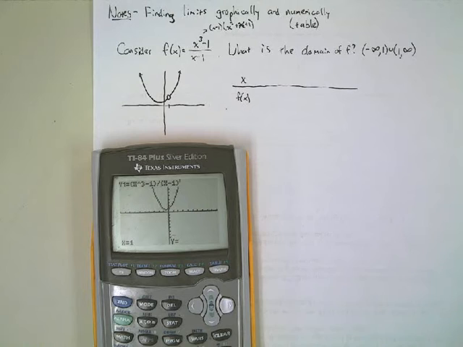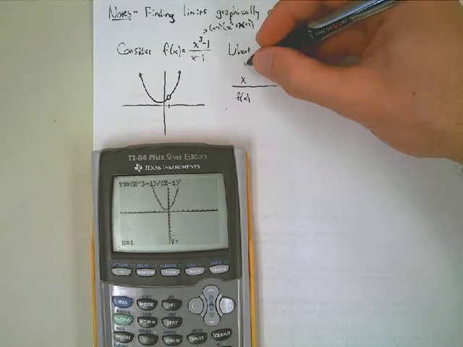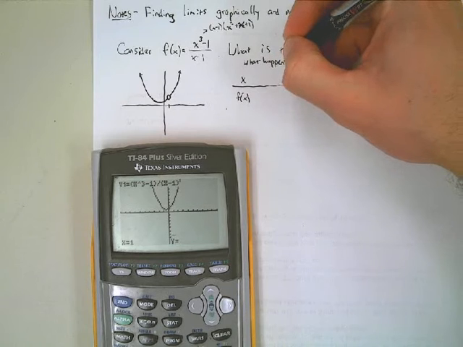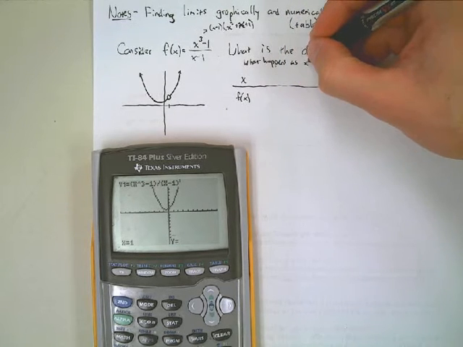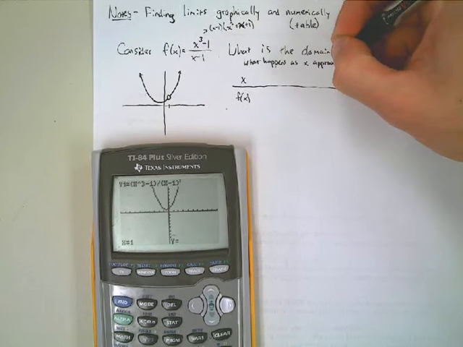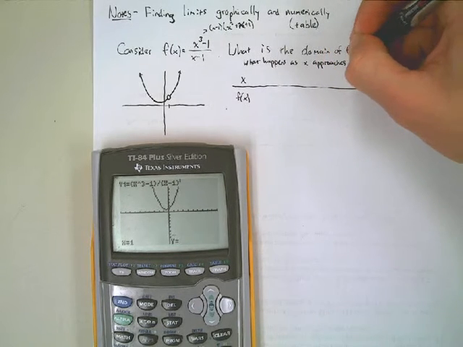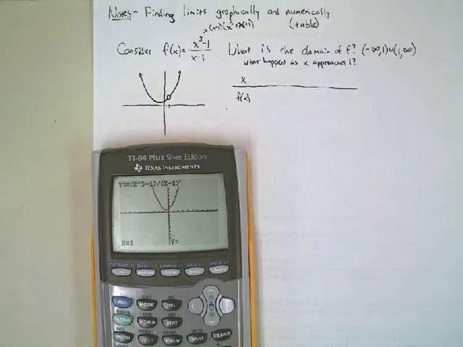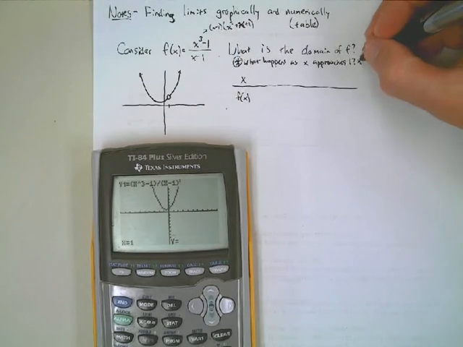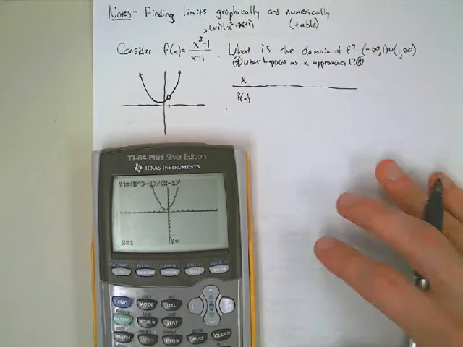Okay, so our question is, what happens as x approaches 1? That's the question we want to answer here. Let's get some values that are close to 1.